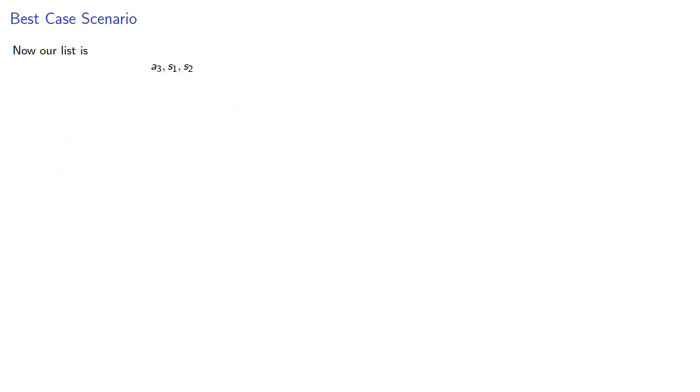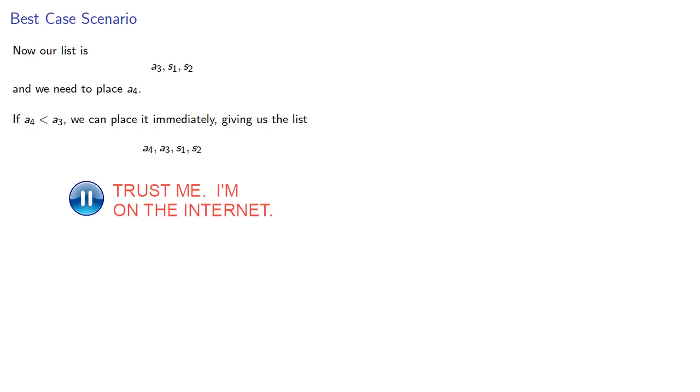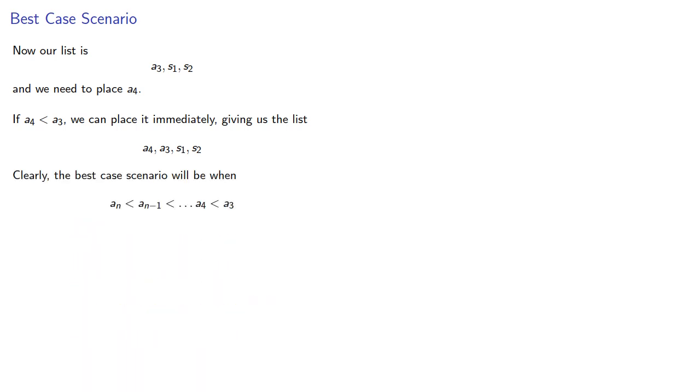And now our list is, and we need to place A4. If A4 is less than A3, we can place it immediately, giving us the list. And clearly, the best case scenario will be when each AN is less than the preceding one, and A3 is less than whichever of A1 or A2 is smaller.